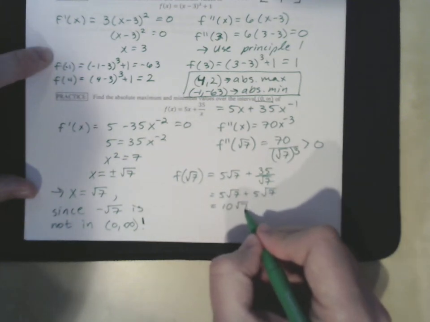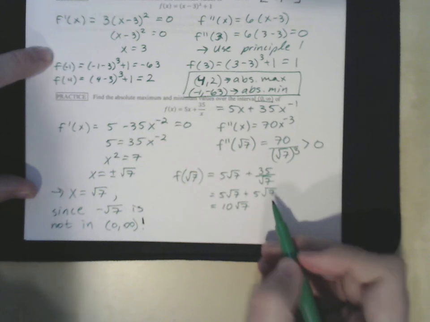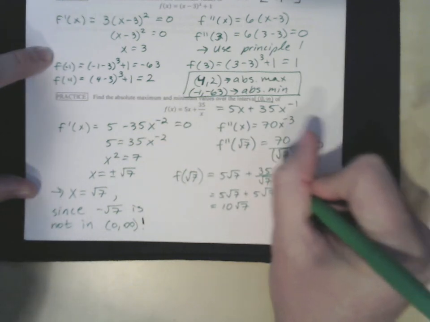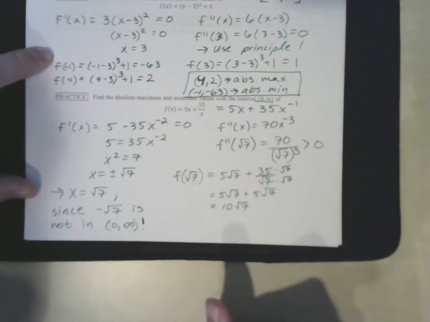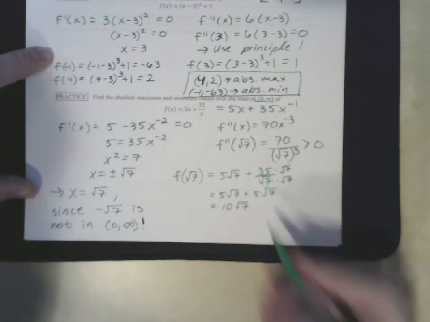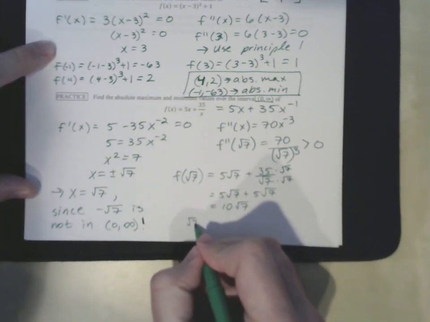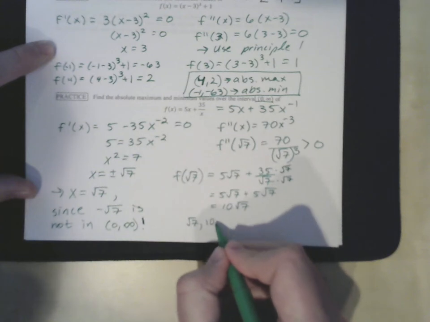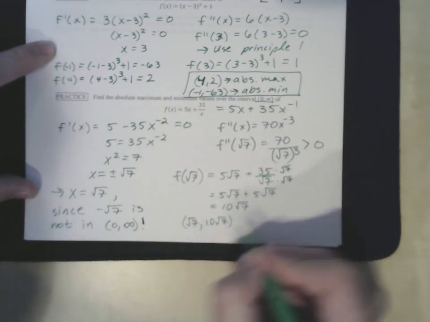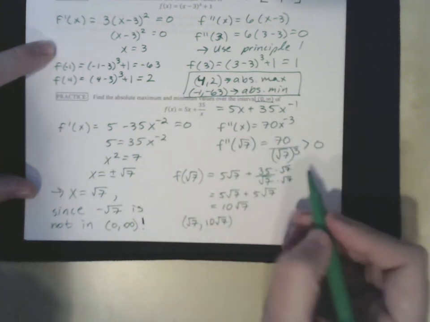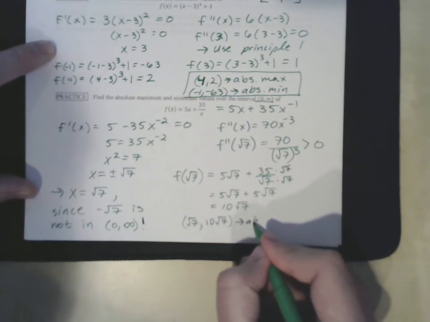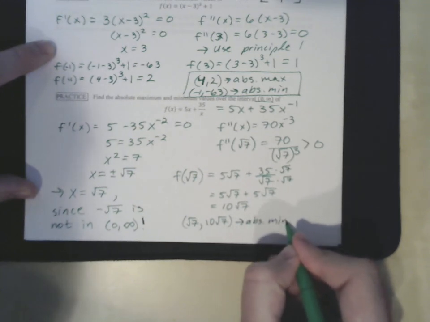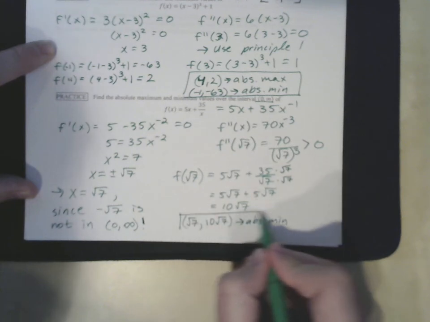This is 10 rad 7. So I got from here to here just by rationalizing, times by square root of 7 over square root of 7. This becomes 35 over 7, which is 5. So (square root of 7, 10 square roots of 7), based on our second derivative, is the absolute min, because it's positive, so it means it's concave up.